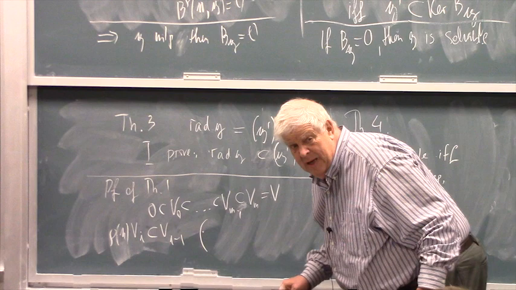This means that the smaller algebra, the commutator subalgebra of the radical, which is contained in this, is also 0. This means that the radical is commutative. Radical prime is 0, commutative. That means this is nilpotent. And hence it is contained in the nilpotent radical, and hence it is equal to 0.